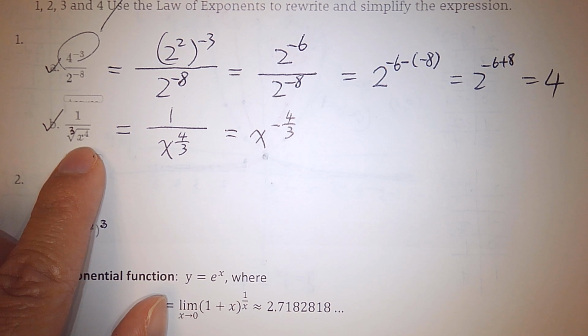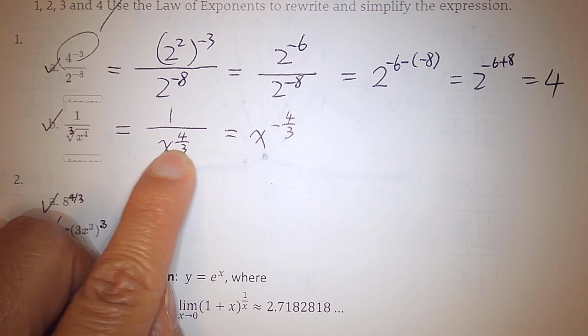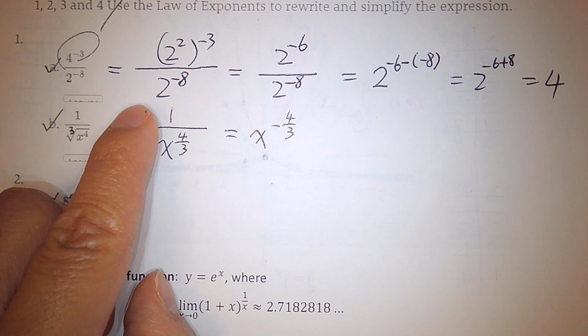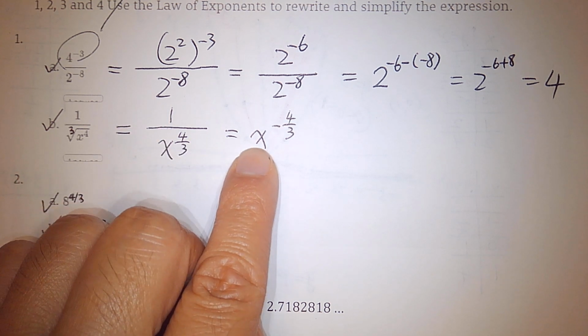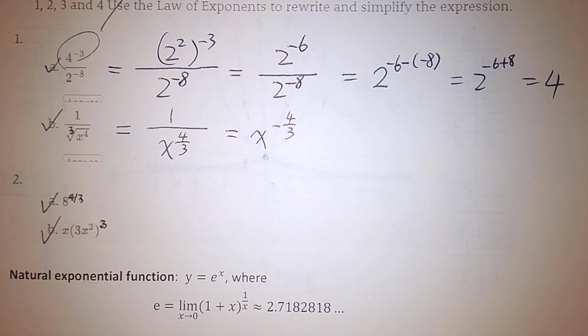So 3 is the denominator, 4 is the numerator, and because this is 1 over, we can rewrite it as x to the negative 4 over 3, right?